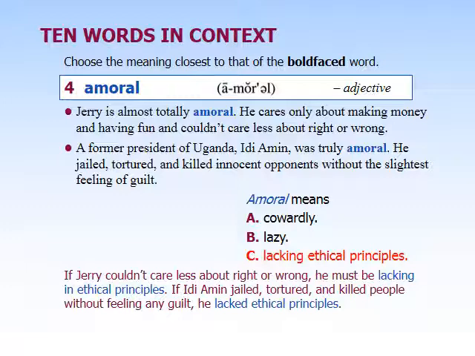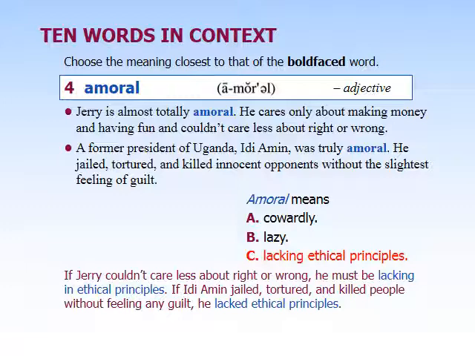Someone who is amoral doesn't follow those principles. They don't have a sense of what is right and wrong. Oftentimes they're only guided by their self-interests. Another way of thinking about this is lacking a moral sense, unconcerned with the rightness or wrongness of something. So in the first example, it says Jerry is completely amoral.